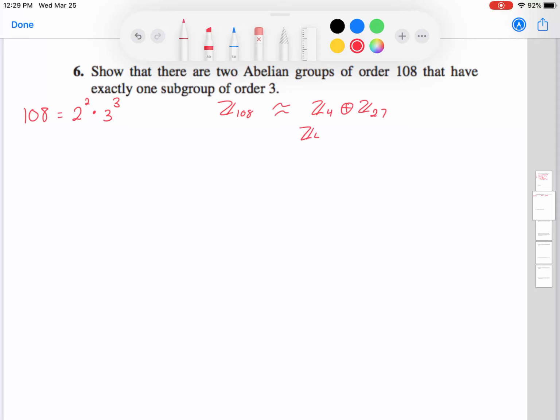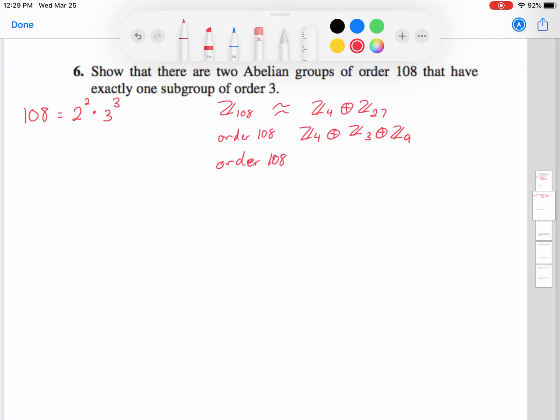We could also try to write it as, I'm just going to leave Z4 by itself. Z4 external direct product, maybe we did Z3 external direct product Z9. This would be order 128, but it's not 128, 108, excuse me. This is order 108, and it's not isomorphic to Z108. So this is just order 108.